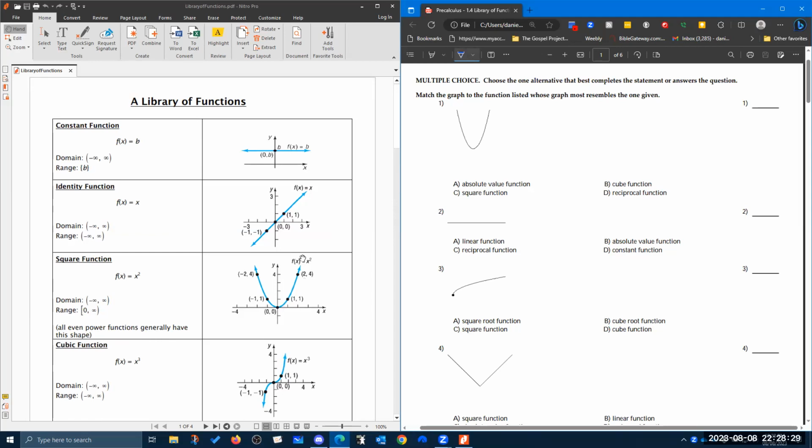We're just going to look at the shape here to match this. And this is the square function. Number 2 is a horizontal line. That's a constant function.